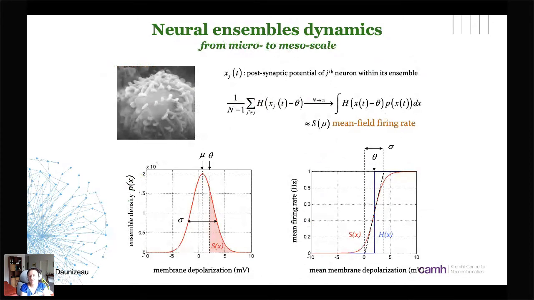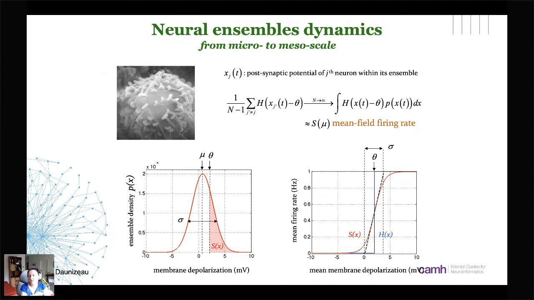But what is the micro to mesoscale passage or path? In the simplest terms of DCM for EEG, we make a mean field assumption.